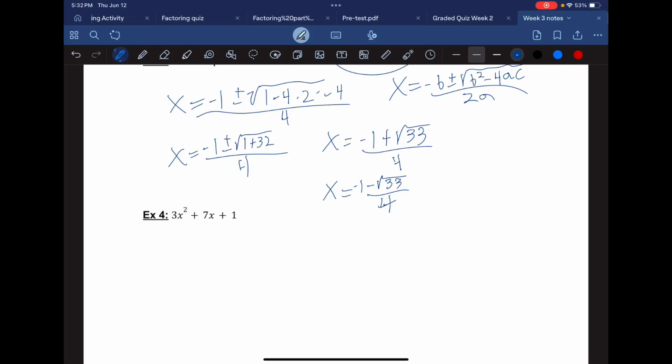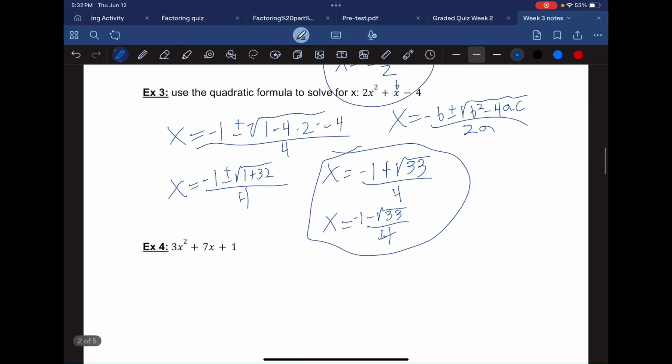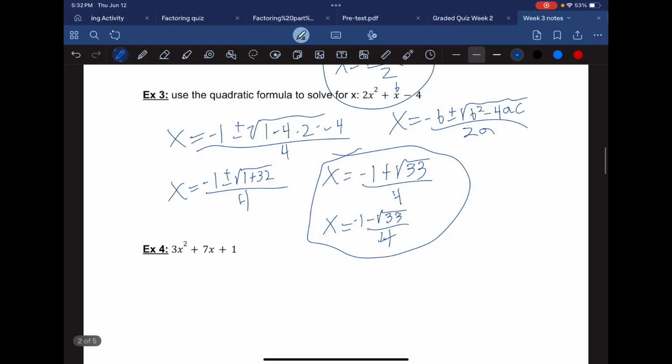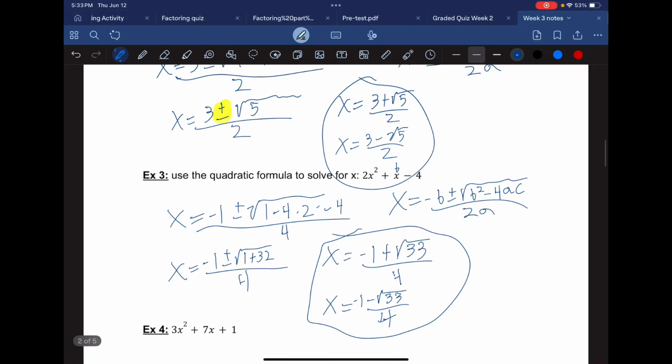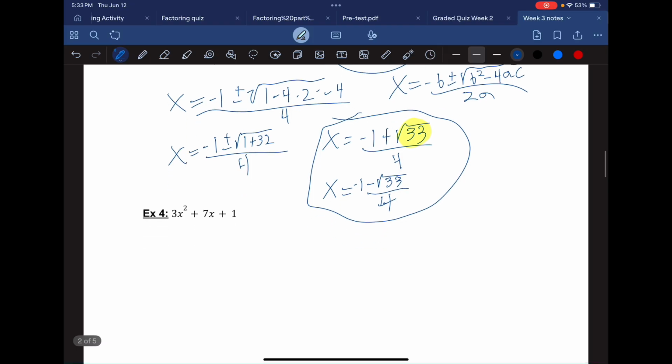All right, so the final answer for x. And for this class specifically, I'm not gonna care too much if you simplify that. Like if you had a square root of 16, I wouldn't really mind if you... Square root of 16 is a bad example.